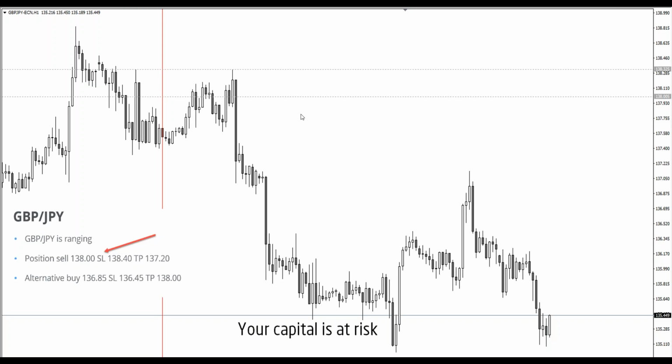They let the trade run, and some people told me that they made 100, 150 pips. I personally got like 80 pips, so still good.